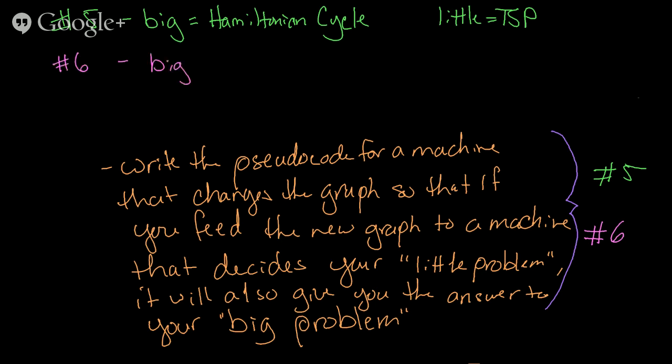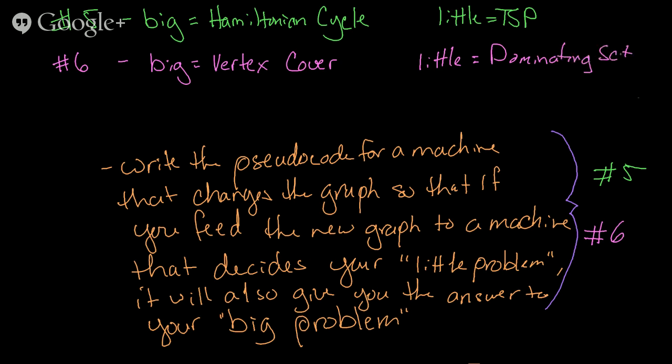And for number 6, your big problem was your vertex cover problem. Remember, your vertex cover is this subset of vertices such that all of the edges are adjacent to some vertex in the subset. And your little problem was your dominating set problem.